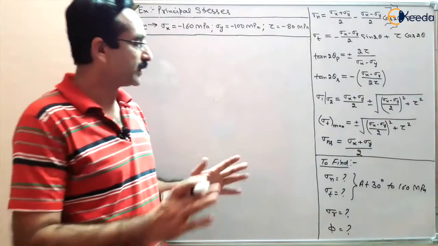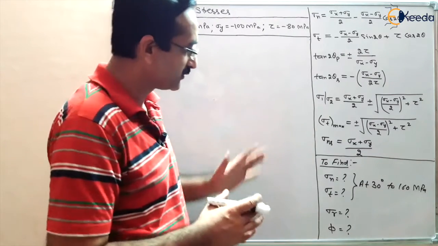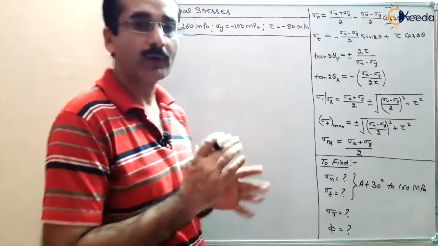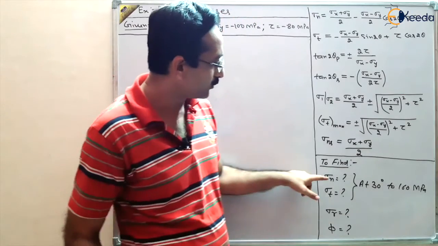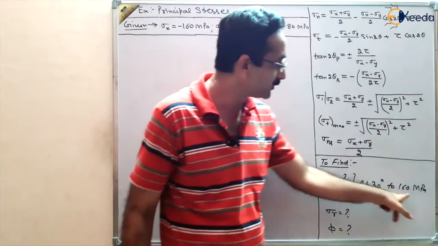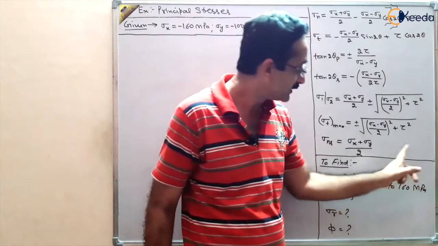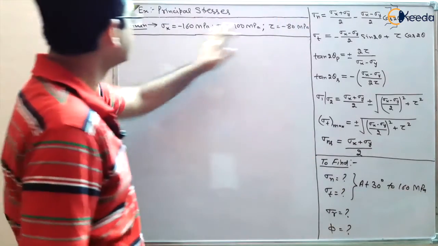So let us take the numerical which we have discussed. What to find out in this numerical? We want to find out the normal stress at 30 degrees to the 160 megapascal, right? This we have to find out, and this is given to us.